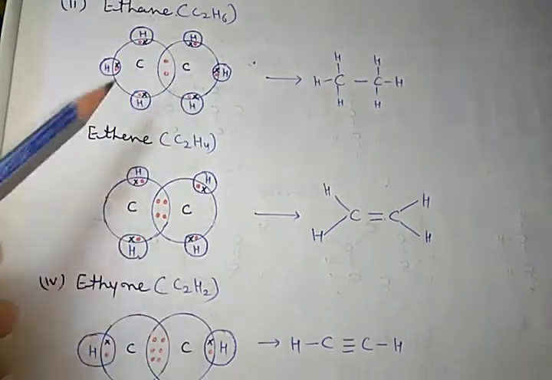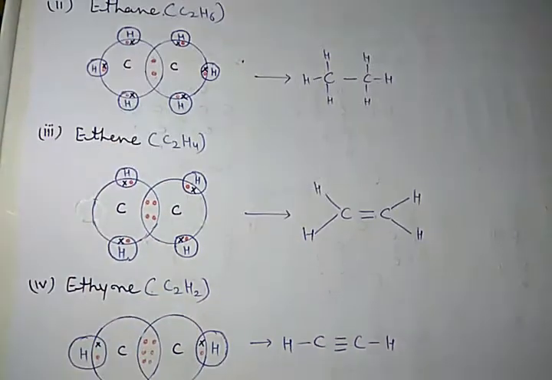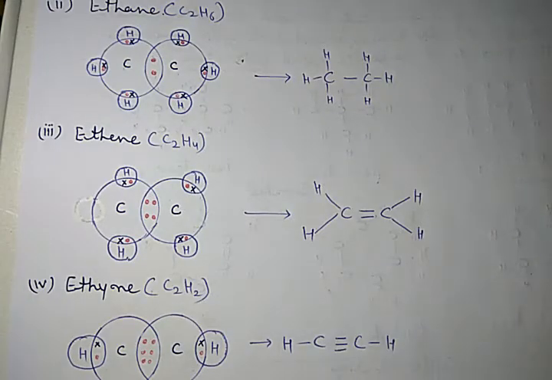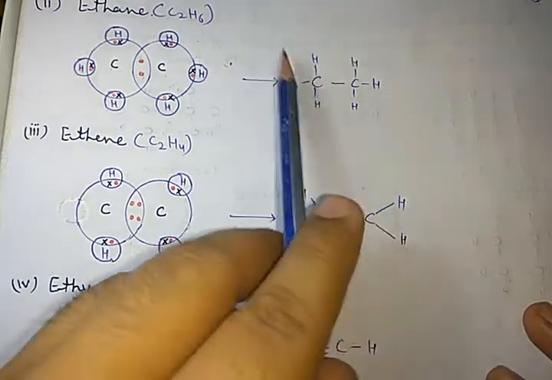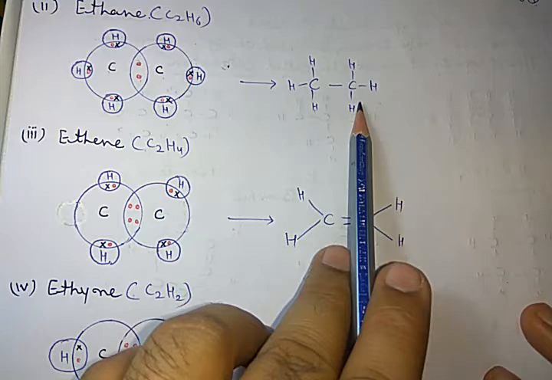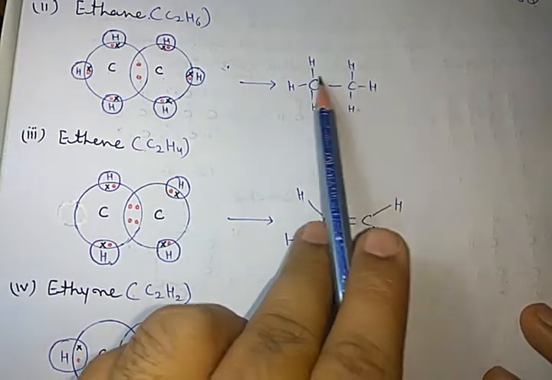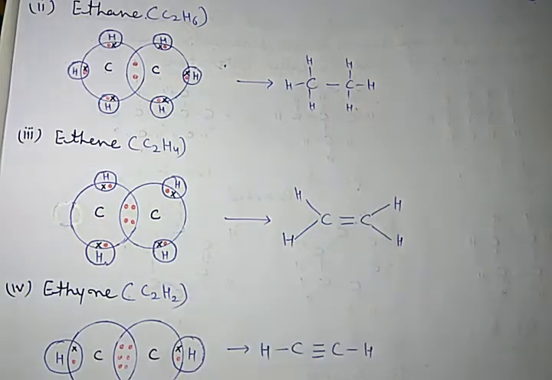Now both have one valency remaining, so they also combine with each other and make a single bond. Got it? So its structural formula becomes carbon singly bonded with three hydrogens, the other carbon singly bonded with three hydrogens, and these two carbons also singly bonded with each other.